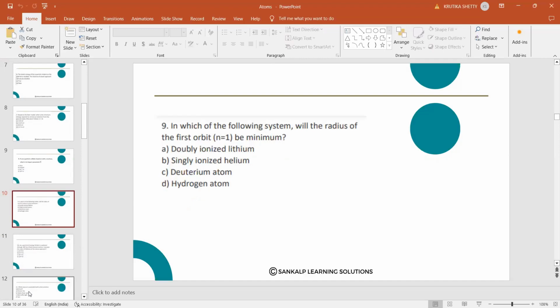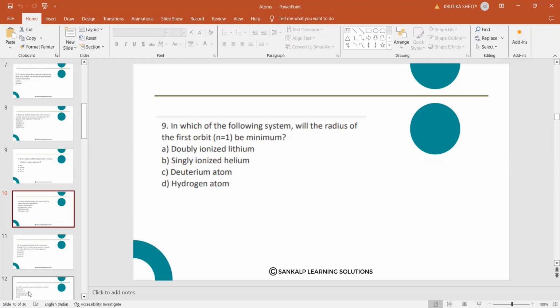Next question. In which of the following systems will the radius of the first orbit be minimum? Options: doubly ionized lithium, singly ionized helium, deuterium atom, hydrogen atom.